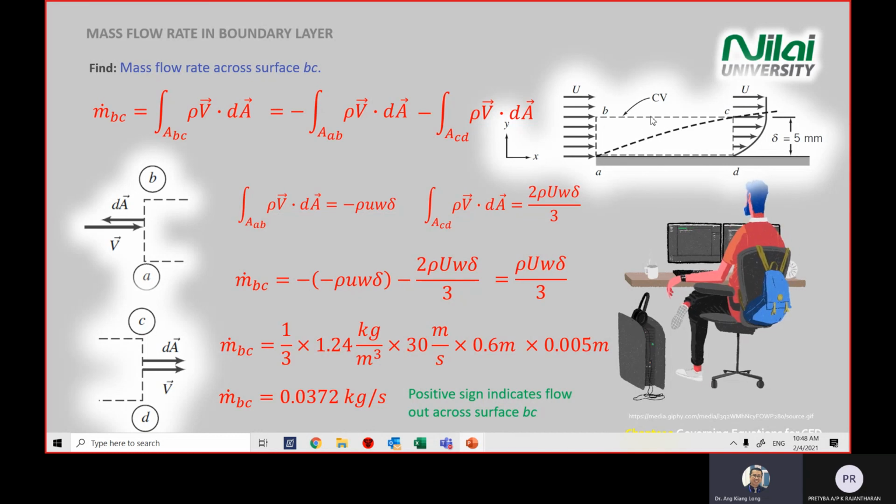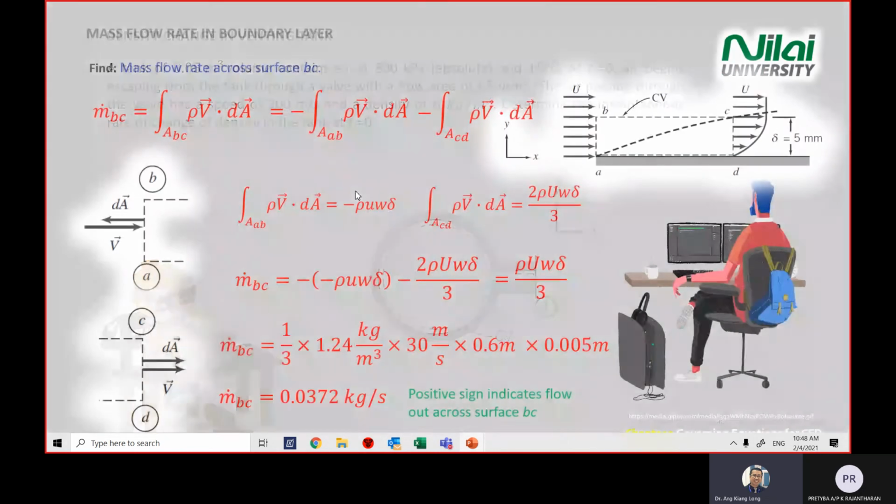So the flow will go out, and that's why you get a positive in this case. So our analysis seems logical and makes sense. In the simulation, again, you can set the vector arrows to see the flow above the plate. Okay, I think we stop here.